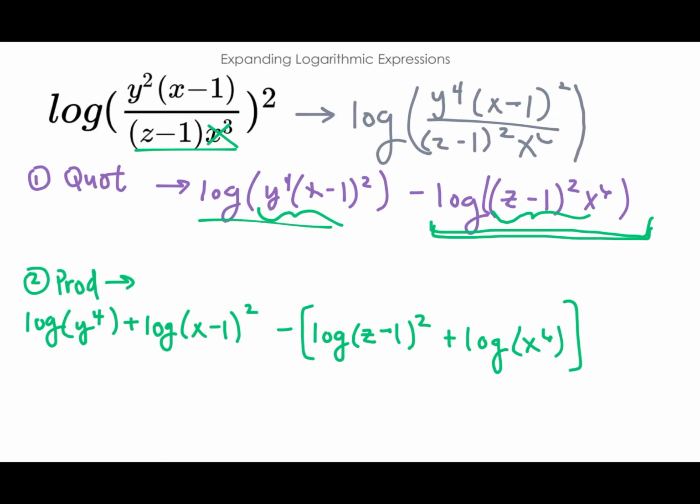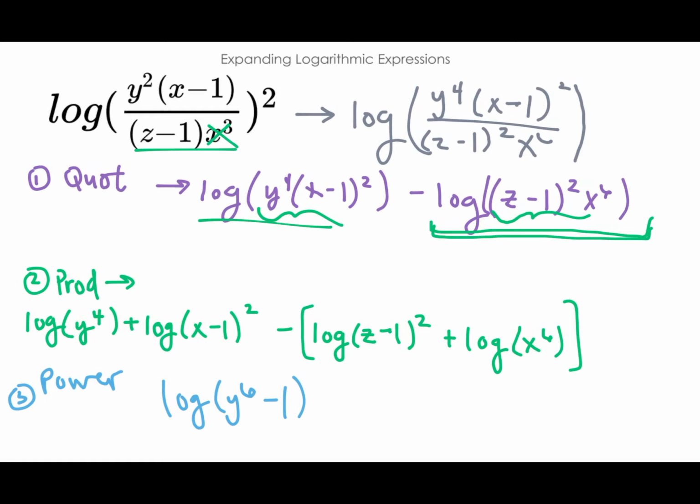The last thing we do then is the power rule. The power rule says, again, you take any exponents on a log expression and bring them down. So, for example, we could not bring that 6 down because the 6 isn't on the entire expression.